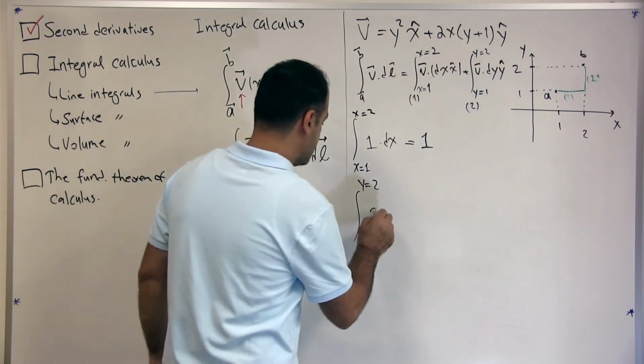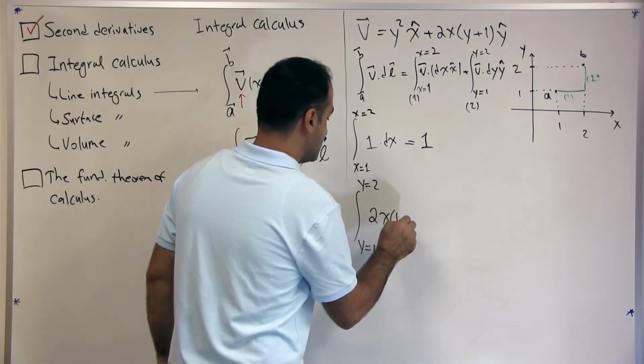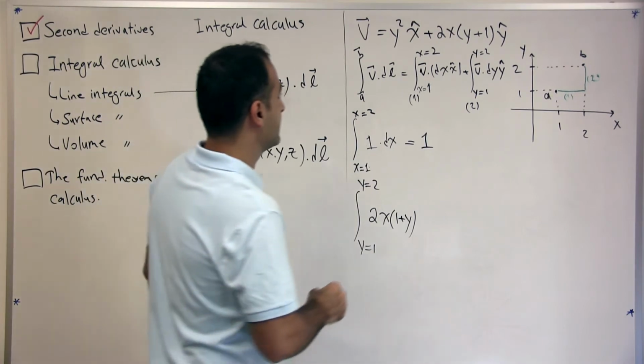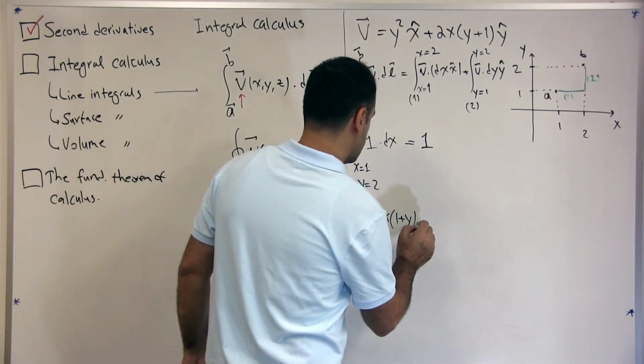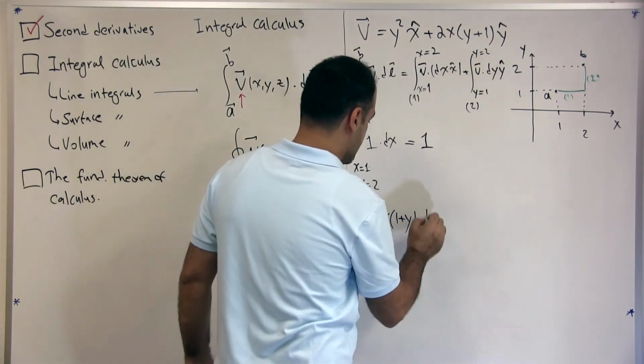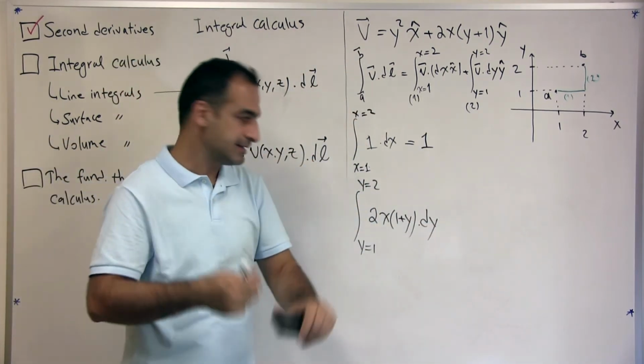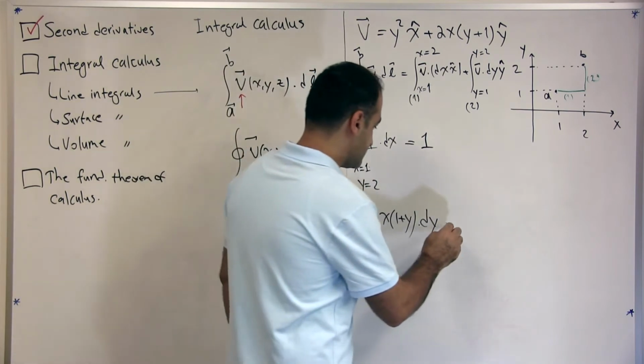That is 2 times x times 1 plus y, times dy. I don't want to write y hats anymore because the remaining dot product is 0. This is the kind of function I get.